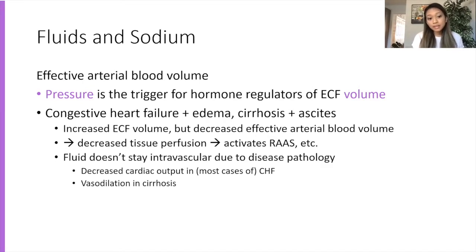The fluid doesn't stay intravascular due to disease pathology. You get a decreased cardiac output in most cases of CHF. The fluid backs up, it doesn't stay intravascular, so the kidneys think that there's not enough fluid in the body, but there's actually a ton of fluid in the body, it's just not where you want it. And in cirrhosis, you get a huge vasodilation component, so again, the kidneys feel like they're not being perfused properly. Next.